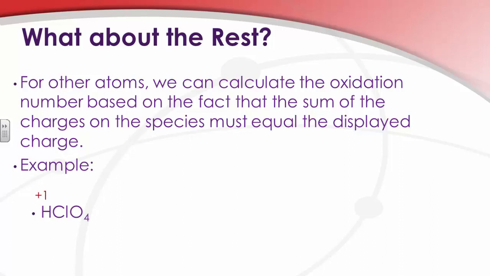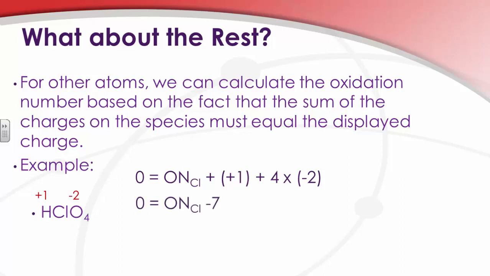So in this example, hydrogen's +1, oxygen's -2, but we have to keep in mind that there are 4 oxygens there, so they contribute a total of -8. So we have -8 plus 1 is -7, but notice that the overall molecule is uncharged. So in order to balance that, the oxidation number of chlorine in this case has to be +7.